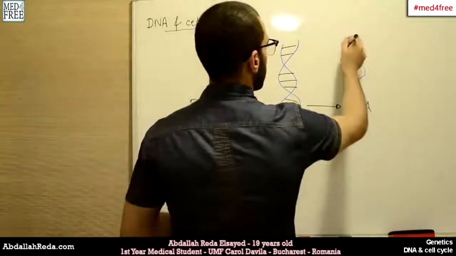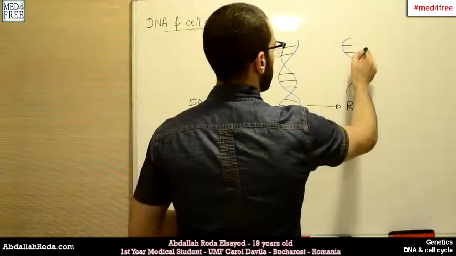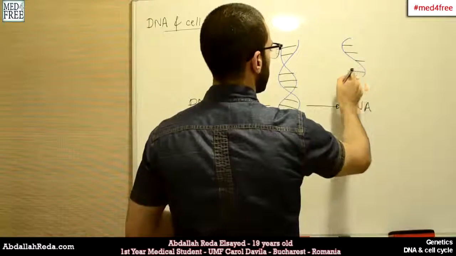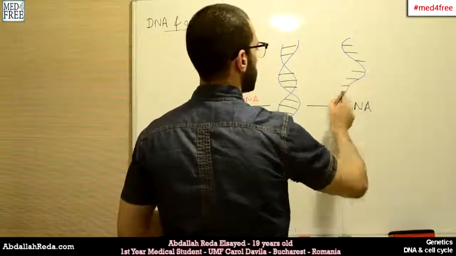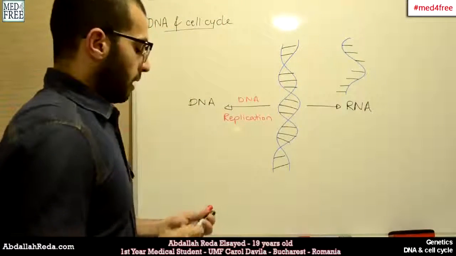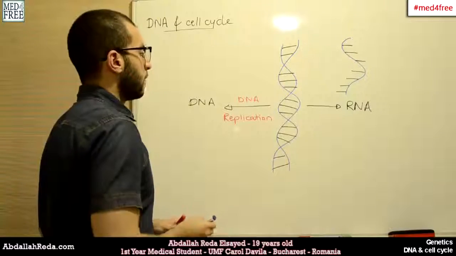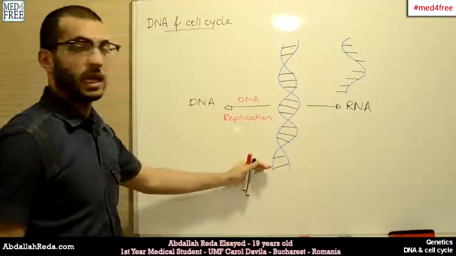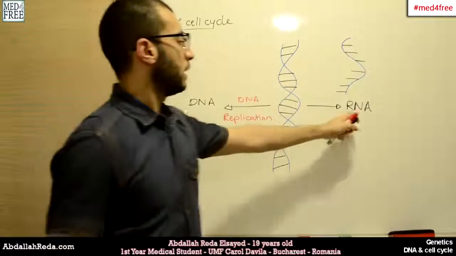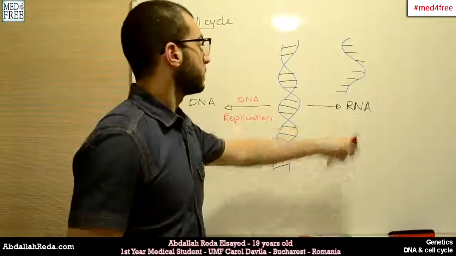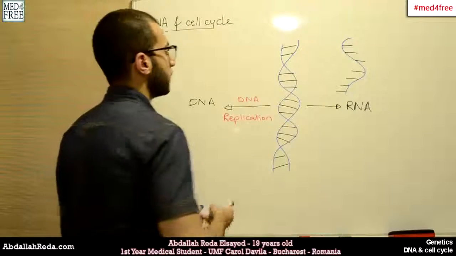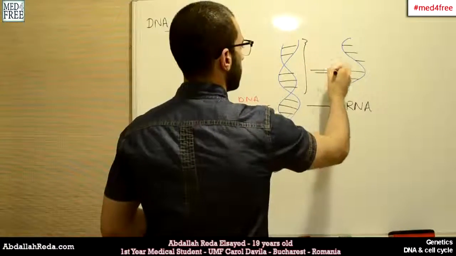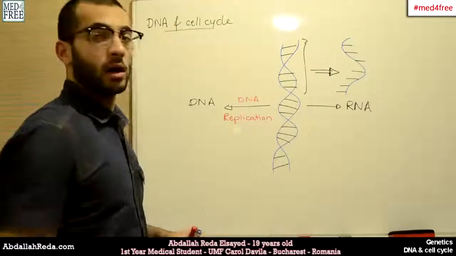And we have the nucleotide bases like this. Now, in the DNA replication, the whole DNA is replicated, while in the RNA synthesis, we just have a portion of the DNA. Let's say this portion will be used to make RNA.